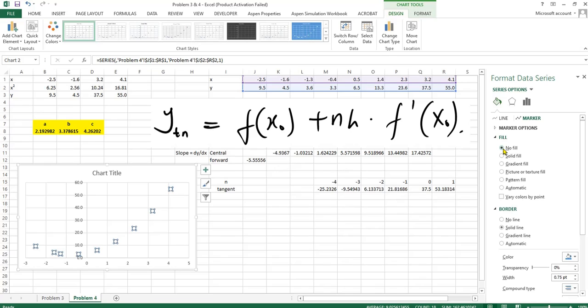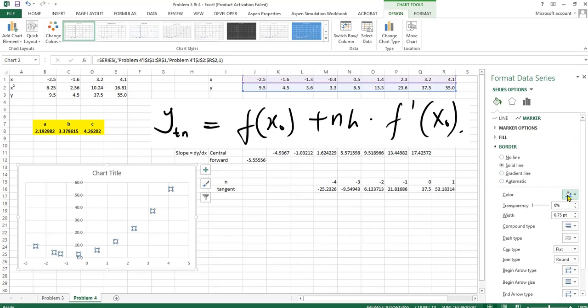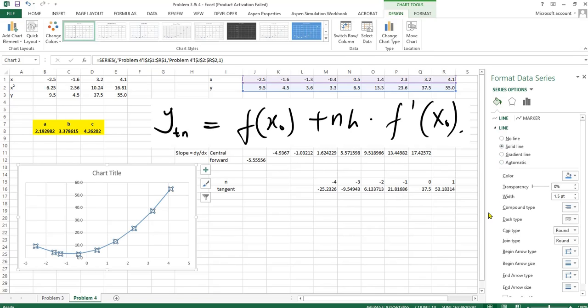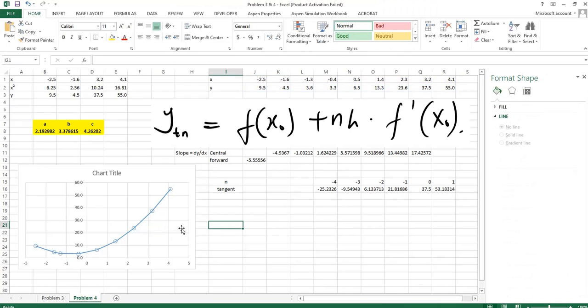Let me say 0 fill. What remains of this? Let me increase the thickness a little. Let me add a line. Let me say solid line. Okay. Now this is the graph.